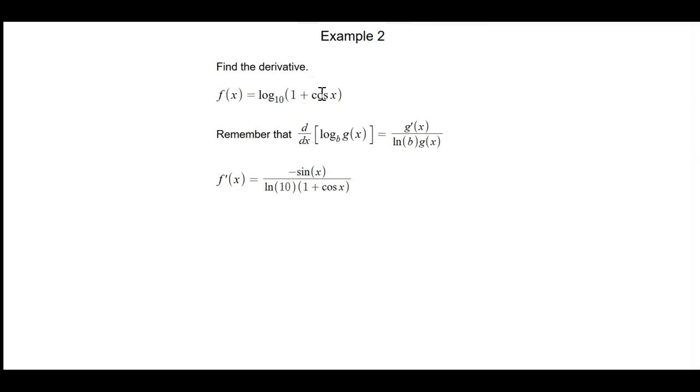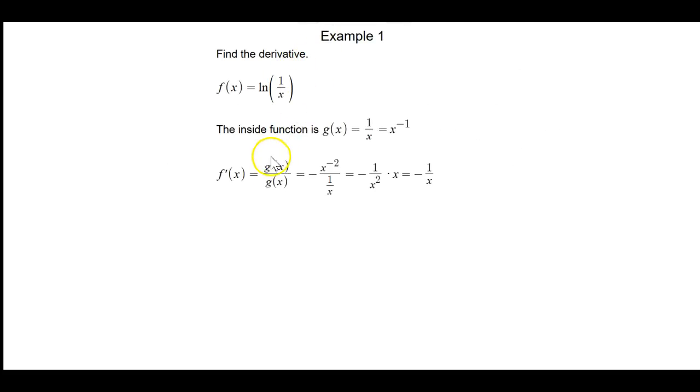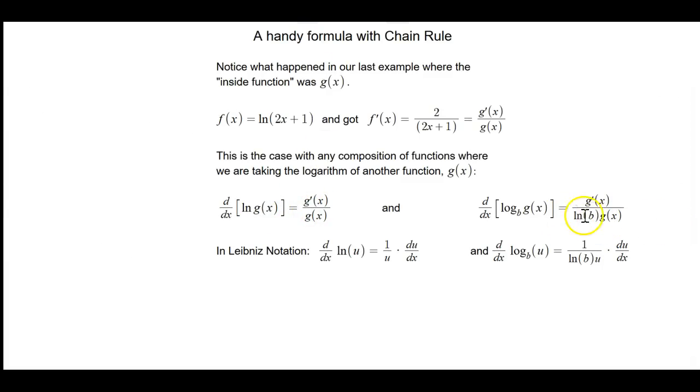Now let's look at this example. Log base 10 of 1 plus cosine x. The log is my outside function, but remember the derivative of the logarithm, if it's not base e, needs to include that ln of b factor in the denominator. So it's not just g prime of x over g of x like it was for a natural log, but we need to remember this factor ln of b in the denominator when we have another base log.